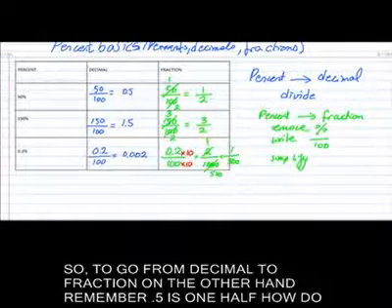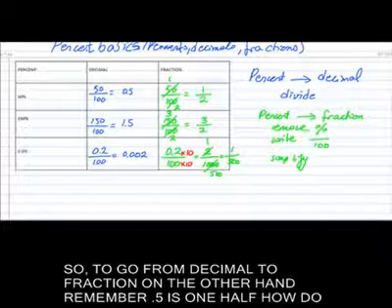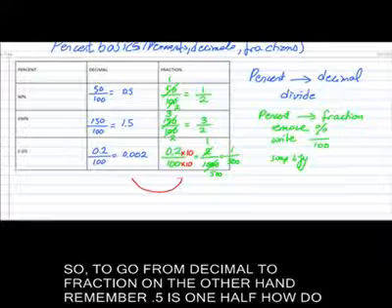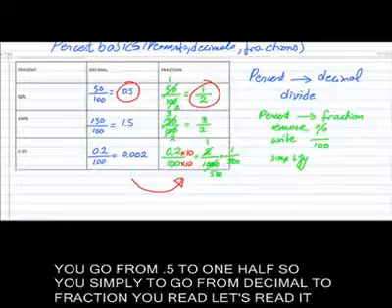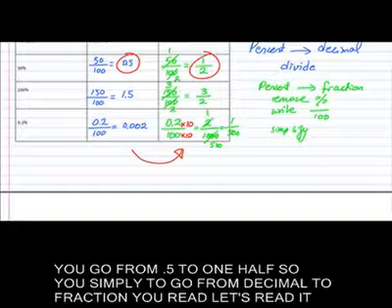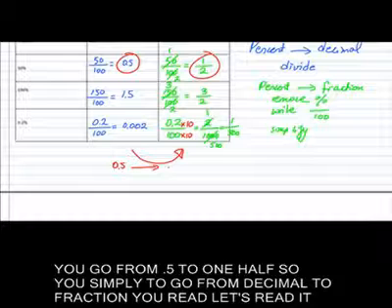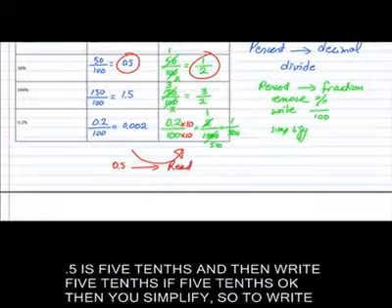To go from decimal to fraction, on the other hand, let's try that. Remember, 0.5 is 1/2. How do you go from 0.5 to 1/2? To go from decimal to fraction, you read it. 0.5 is 5/10.